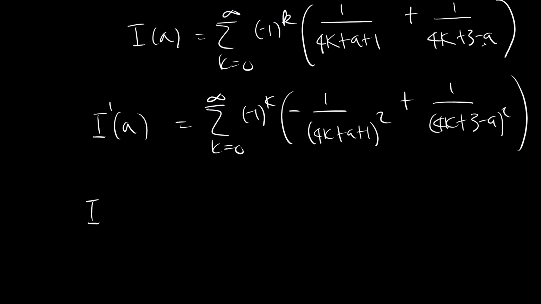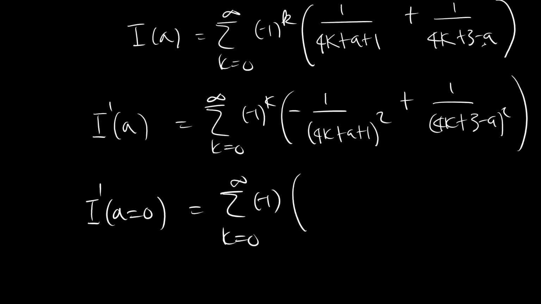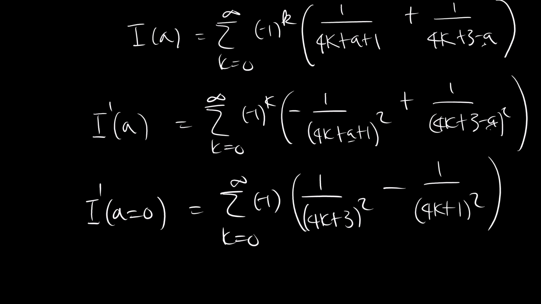Now, setting a equals 0 means that we have the summation, and because this goes to 0, this goes to 0, we have 1 over 4k plus 3 squared minus 1 over 4k plus 1 squared, and there's a negative 1 to the k here.